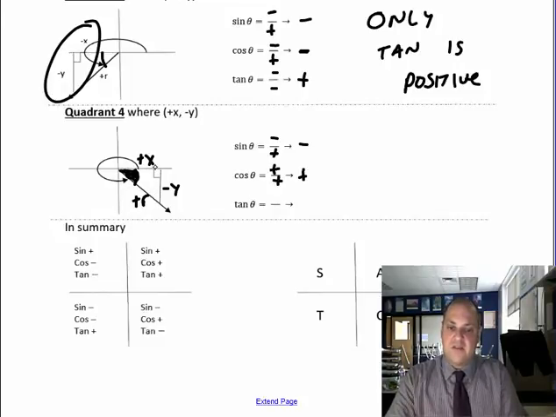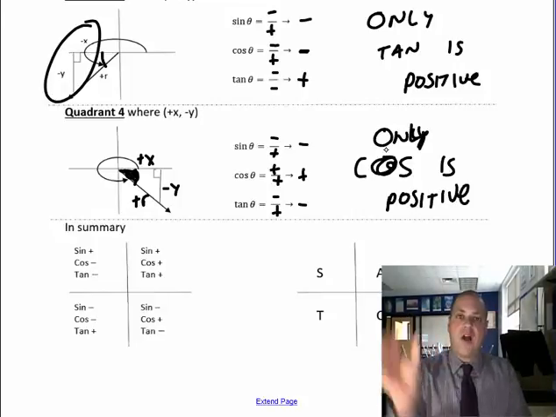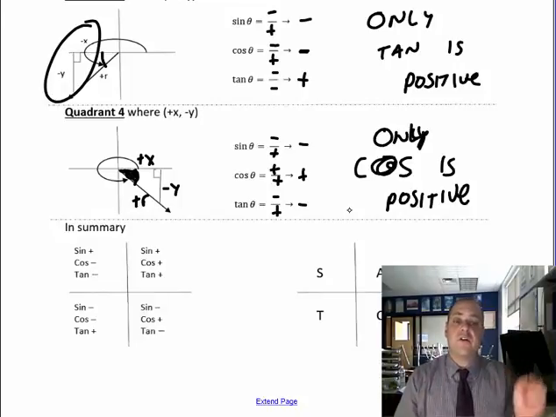And then tangent is negative, positive, which is negative. So only cosine is positive in quadrant 4. So each function has its own quadrant where it's positive, and the other functions are negative.